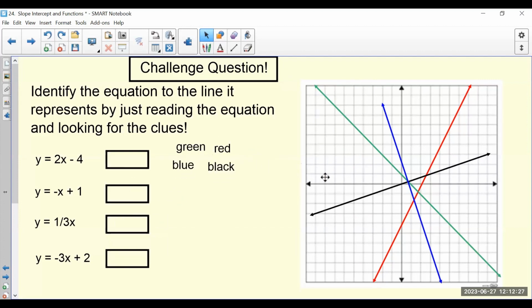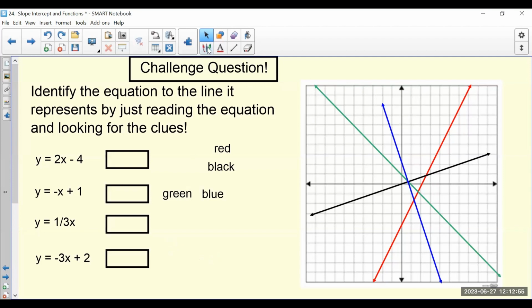All right. Well, from left to right, the green and the blue line are going down, which means the green and the blue line have to have a negative slope. So either this is green or blue, or this one is green or blue.